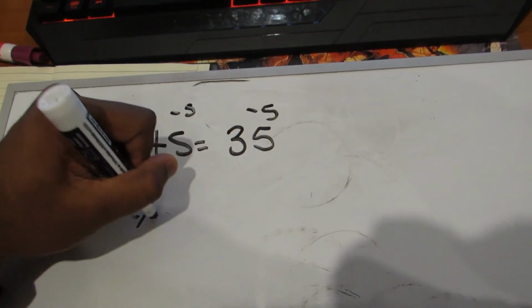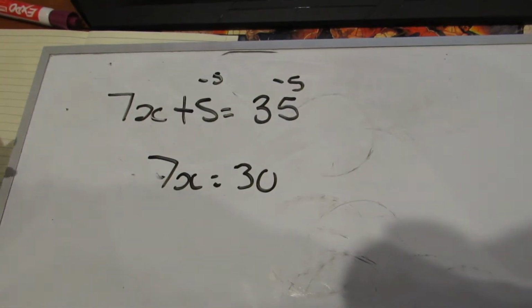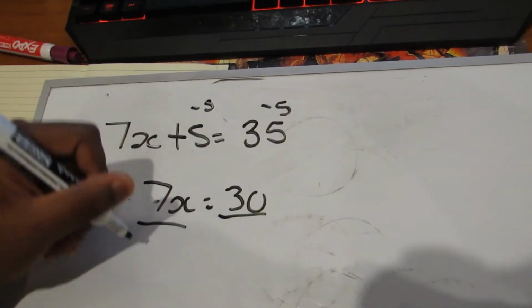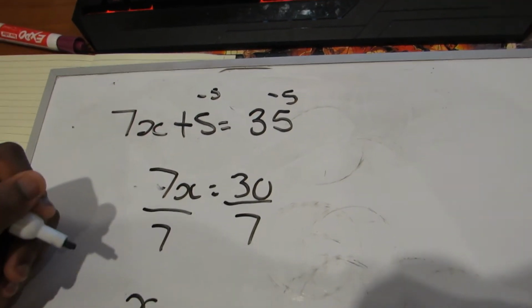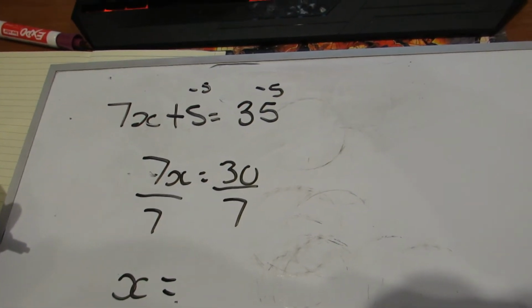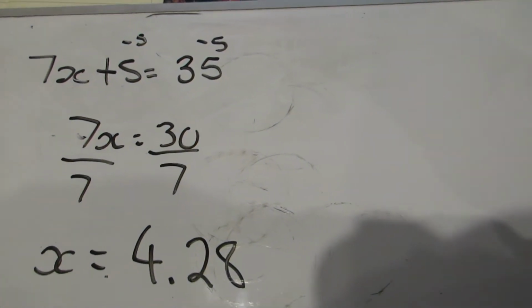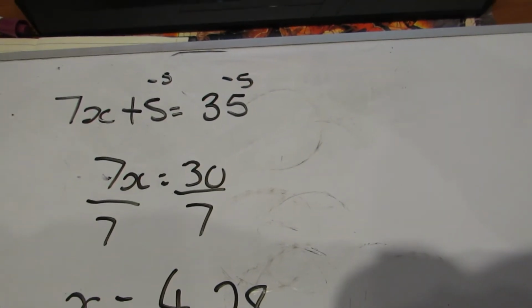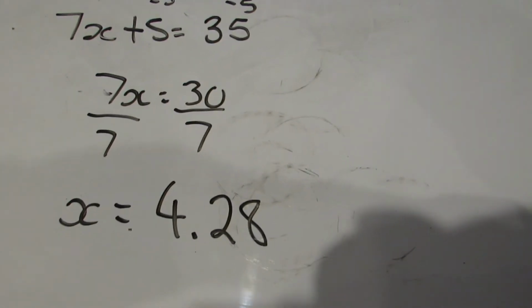So it'll be 7x equals 30. Then we have to divide both sides by 7. So x equals 30 divided by 7. So the answer, I just did a few calculations, it equals 4.28.